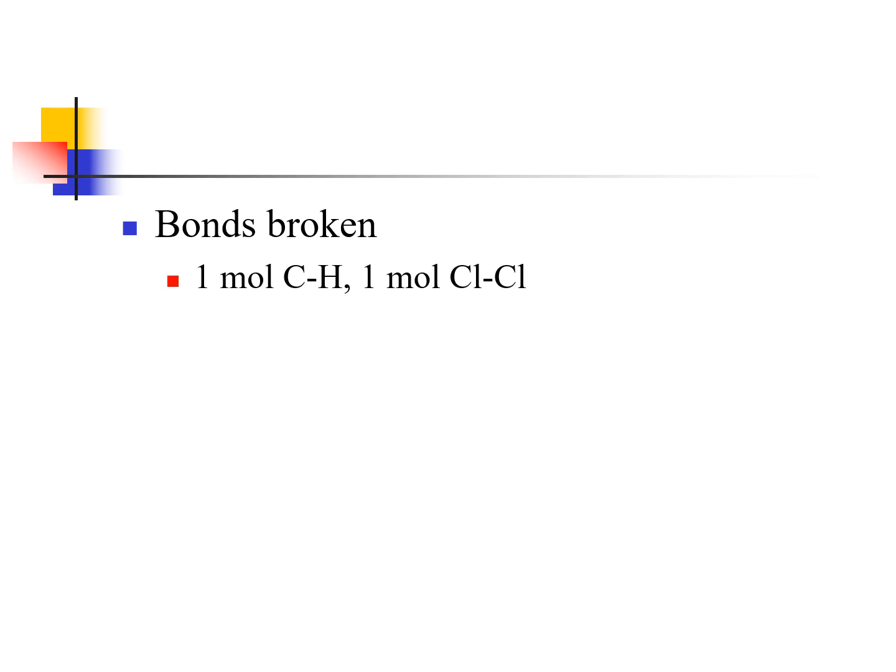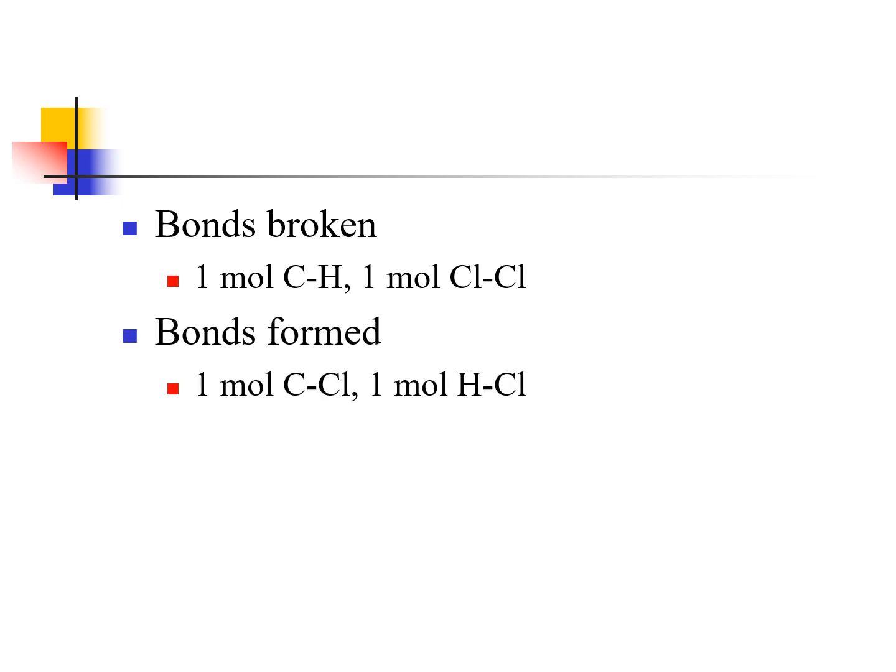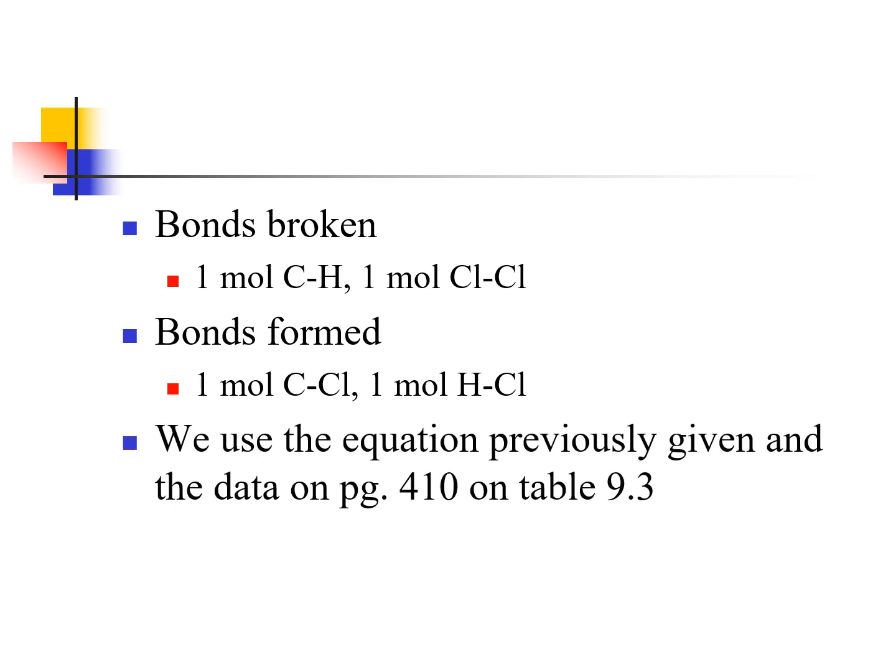So bonds broken: we're breaking one bond of carbon-hydrogen, one bond of chlorine-chlorine. Bonds formed: we'll be forming 1 mole of carbon-chlorine, 1 mole of hydrogen-chlorine. And what we do is we look up, so this is just data given to you on an AP test. We would have to be given those bond enthalpies. And when you're doing Mastering Chemistry problems, use page 410, table 9.3 for the values.